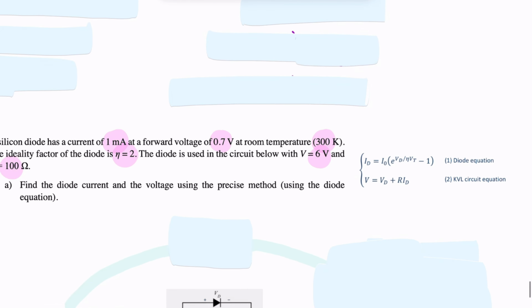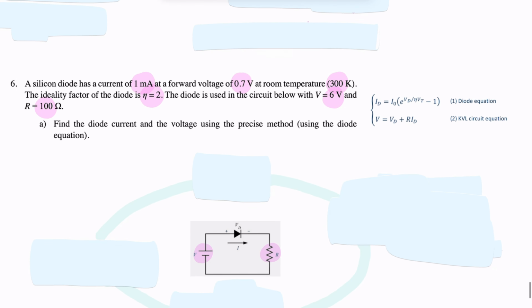So it looks like it's going to be an iterative process. You make a guess for ID, use that guess to find VD and then keep doing that. Once you've got VD, you can then get a better guess for ID.